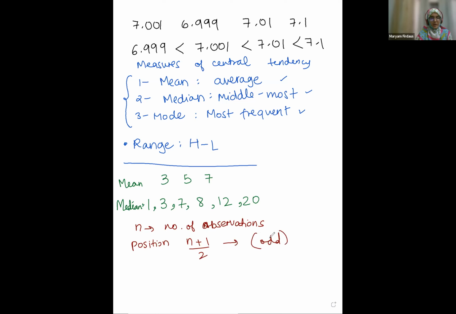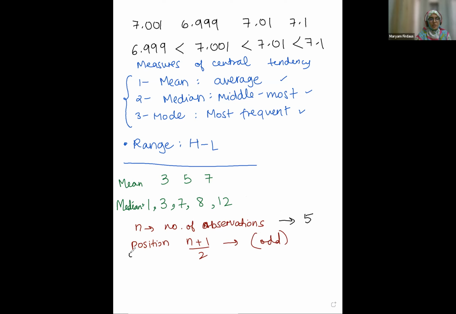If it is odd. Okay, let's say we didn't have this. Now in this case, we have an odd number of observations, right? We have 5 observations, right?